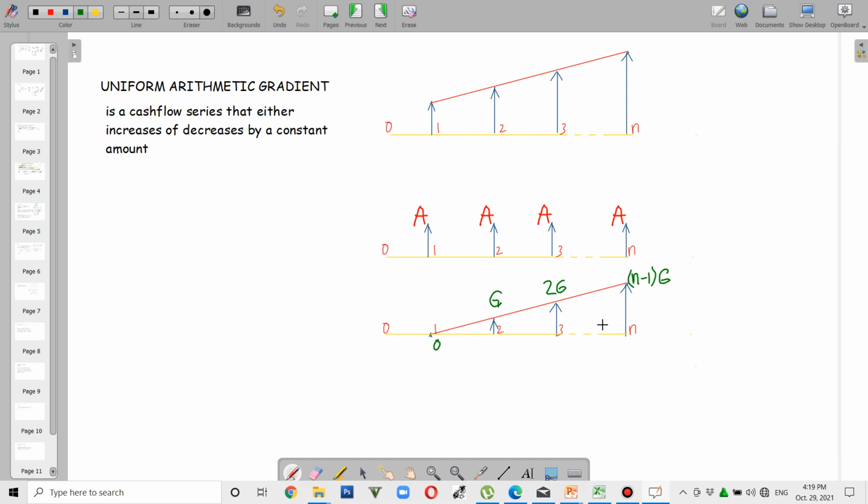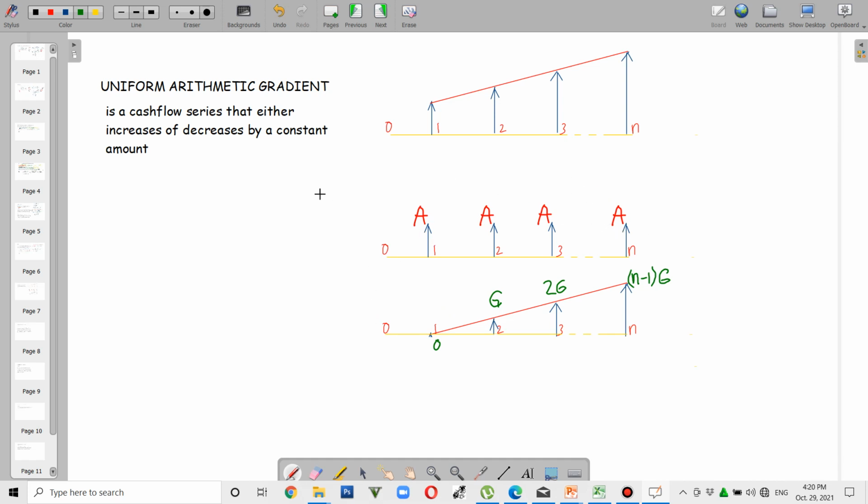Ang nangyari doon is all of this gradient was brought to the present as well as considering the progression, geometric or arithmetic progression formula from algebra, and our formula for gradient was derived.